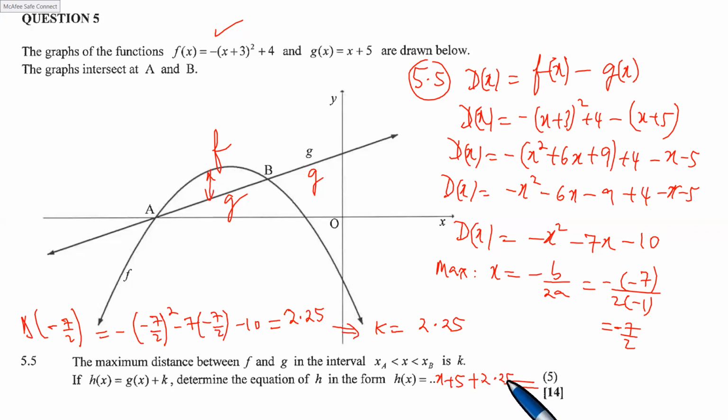You add this here: it's x plus, what is 5 plus 2.25? It is 7.25. So now we need to determine the equation of h, and we have found it. It is x plus 7.25, but most importantly, k is 2.25.